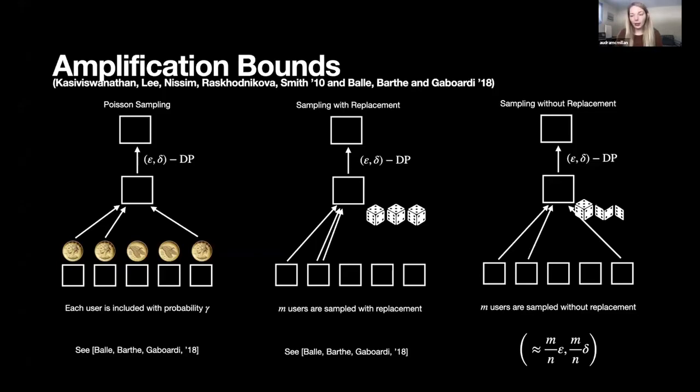You get about the same amplification in epsilon as in the pure differential privacy case, and you also multiply delta by about the fraction of people who are in the final sample. So this is privacy amplification by subsampling.